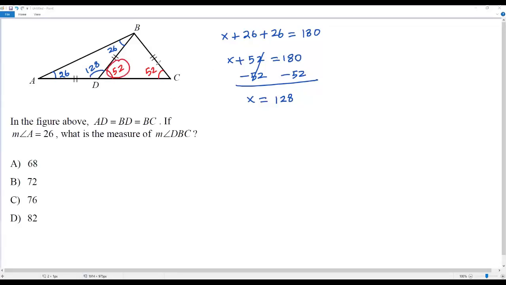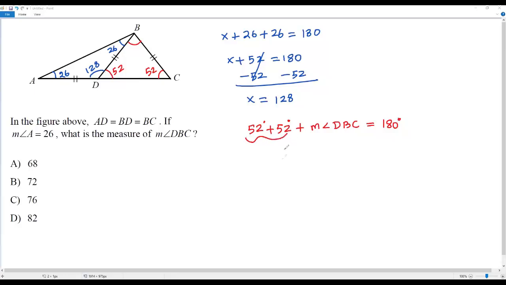First, 52 degrees and 52 degrees, and the third interior angle measure is the measure of angle DBC. The sum of these three angle measures must be equal to 180 degrees.